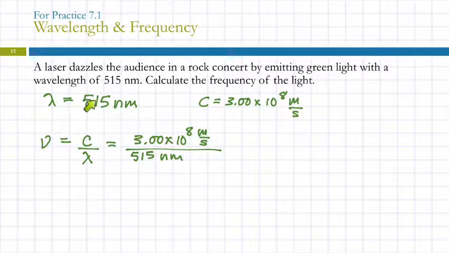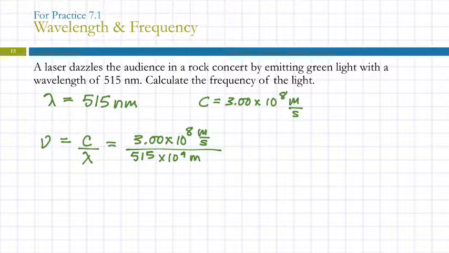So you could take this and convert it into meters, or we can just use our knowledge of what nano means. Nano means times 10 to the minus 9, right? So instead of writing nano, I'm just going to write what it means. Nano means times 10 to the minus 9 meters. That is not in proper scientific notation, but that's okay. The calculator still understands it.